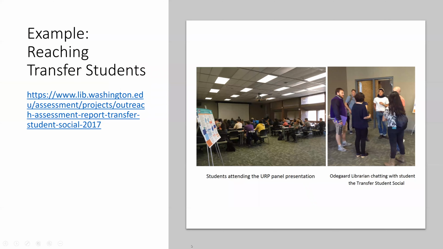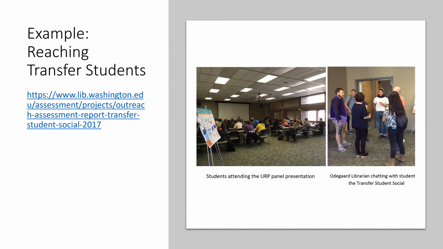And then the last example that I want to share here is about transfer students. At the University of Washington, one of their goals was to better involve transfer students in reaching out to transfer students and making sure the transfer students knew that they were there.